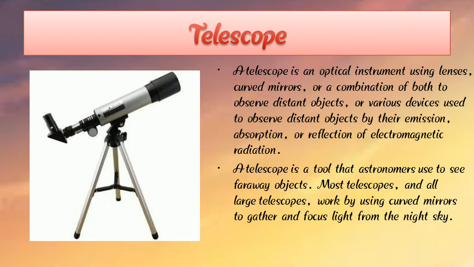A telescope is an optical instrument using lenses, curved mirrors, or a combination of both to observe distant objects, or various devices used to observe distant objects by their emission, absorption, and reflection of electromagnetic radiation. A telescope is used to look at things in the sky, and it is a tool that astronomers use to see faraway objects.